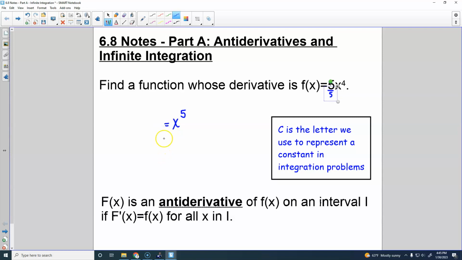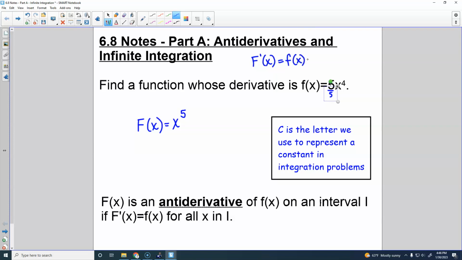Notation-wise, whenever we integrate a function, a lot of times we'll use the capital letter of that function to show that we have reversed that derivative there. So I would use like a capital F of x, just some little notation here. Like I would say here that the derivative of capital F of x would be lowercase f of x.